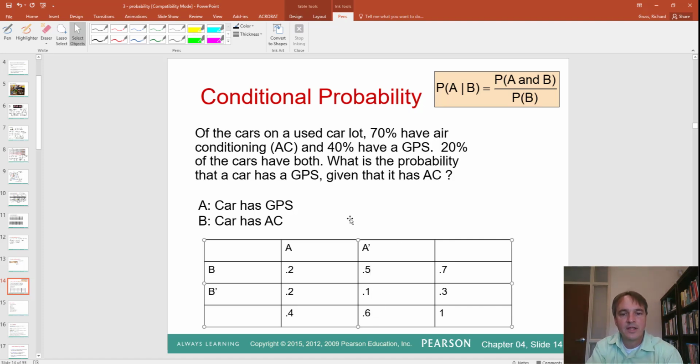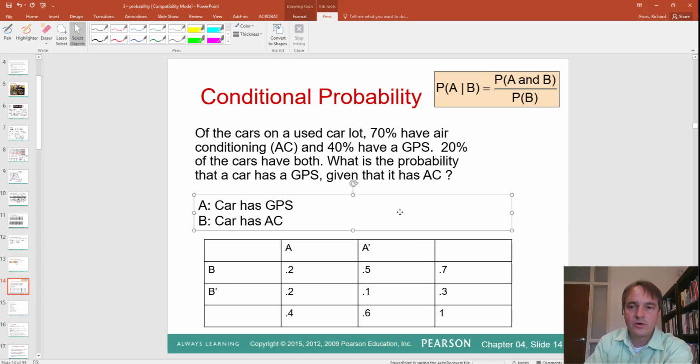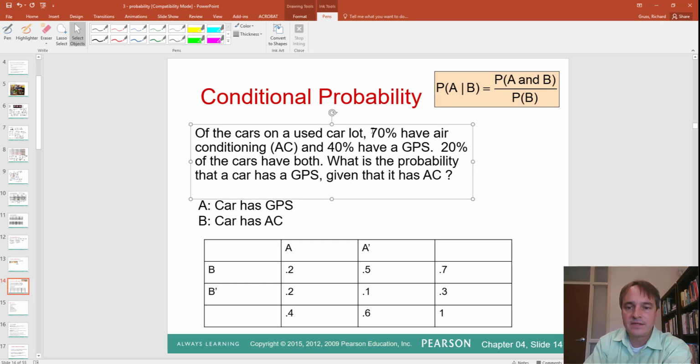Okay, so now that we filled in the contingency table, how do we go about solving the problem? So we're asked, what is the probability that a car has GPS given that it has AC? So if we were to apply this formula, we have enough information to fill it in now, right?